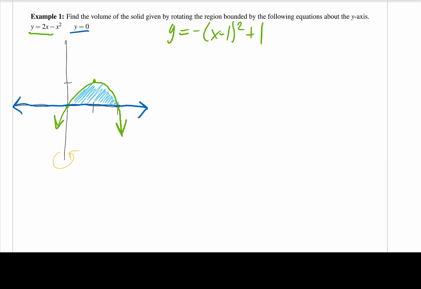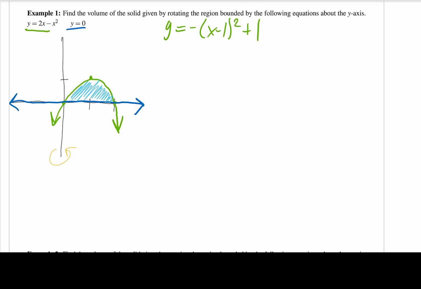So let's look at how the volume by cylindrical shells method works here. Okay, so let's restate our formula. Since we're revolving about a vertical line, something that looks like x equals something, and ours is x equals 0, let me go ahead and write that real quick. We're revolving about x equals 0.